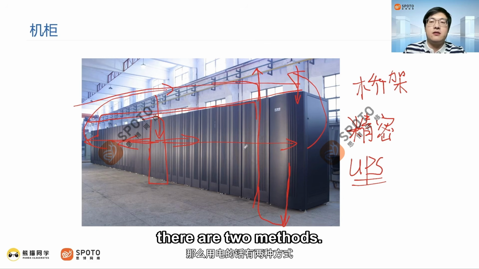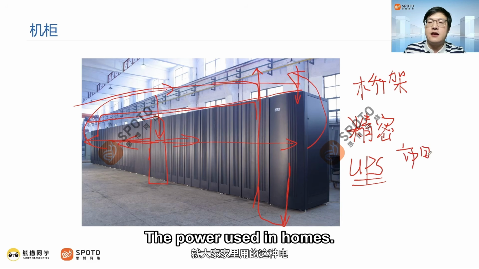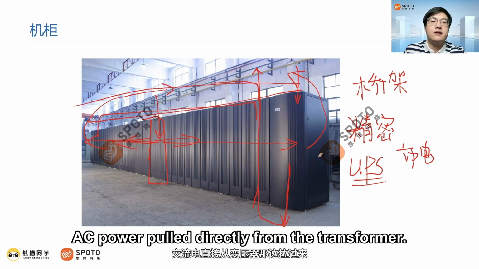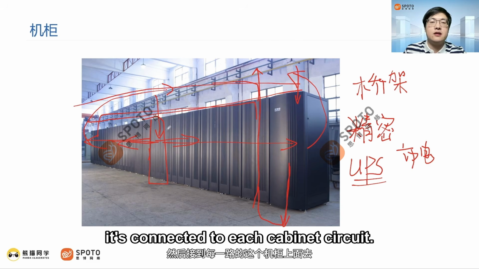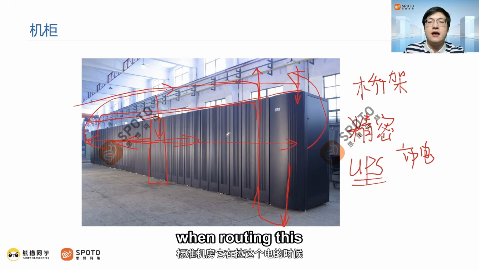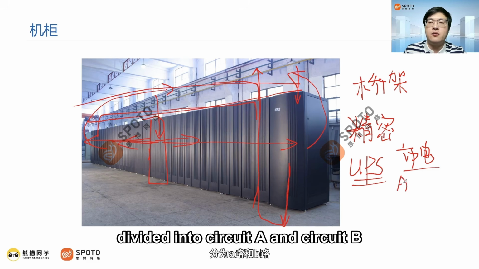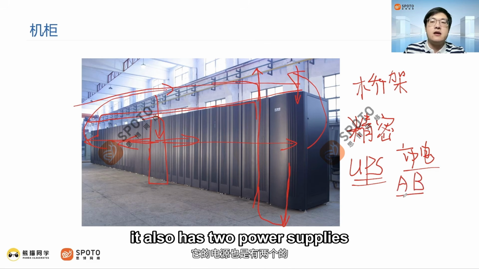Regarding power supply, there are two methods. One is mains electricity, the power used in homes, right? This power comes from AC, pulled directly from the transformer. Then it's connected to each cabinet circuit. Pay attention: a standard server, when routing electrical, generally pulls two circuits, divided into circuit A and circuit B. For better equipment, it also has two power supplies.